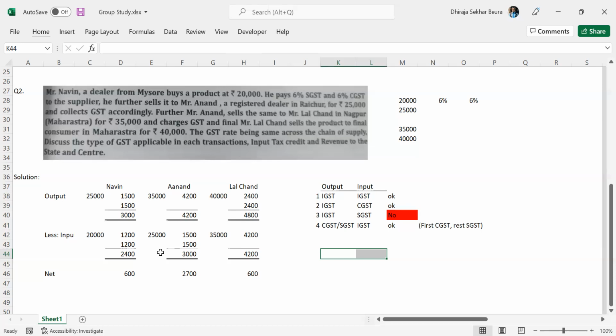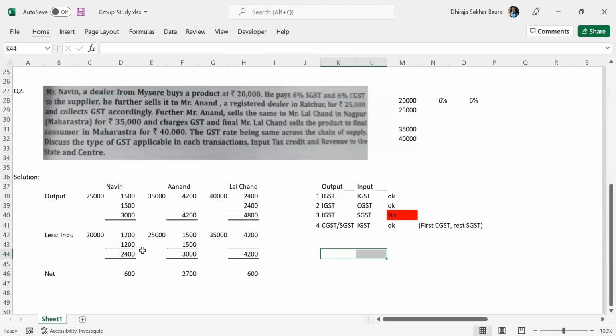Correct. So 4,200 minus 2,400 will be 1,800. Right. So IGST he has to pay 1,800 still, right? No. He still has to pay SGST 2,400.